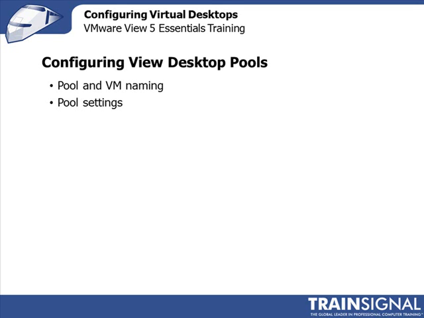Now, there's a group of settings called pool settings. And inside of these, there's actually a plethora of different settings because they don't have a particular place, but they're associated with the pool itself. So these would be things like the size of the pool, how many virtual desktops are going to be the maximum for this pool, what is going to be the minimum number of virtual desktops available, and what type of power settings, how are my virtual desktops handled when they're not in use, are they suspended, are they powered on?